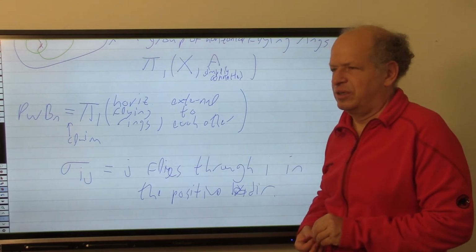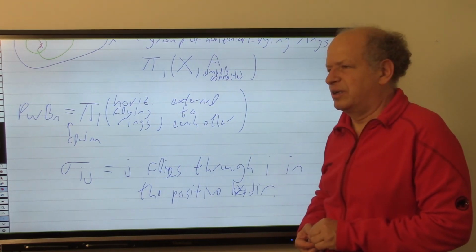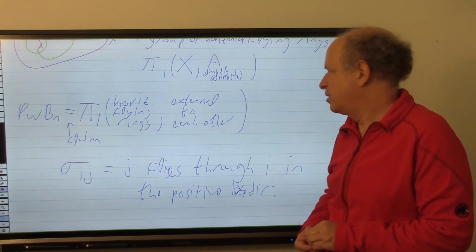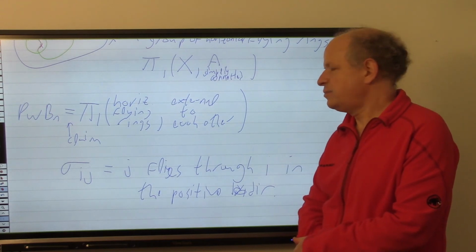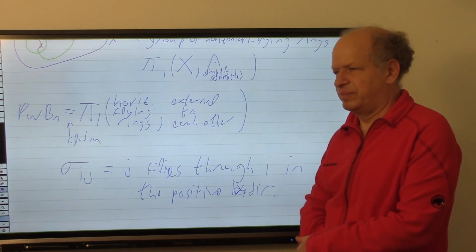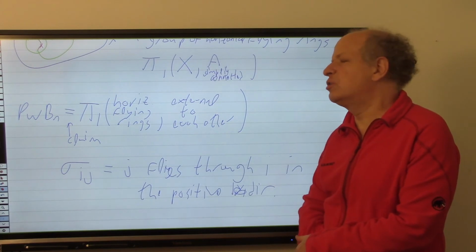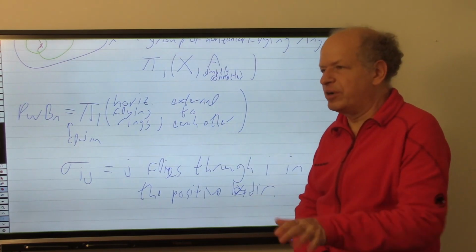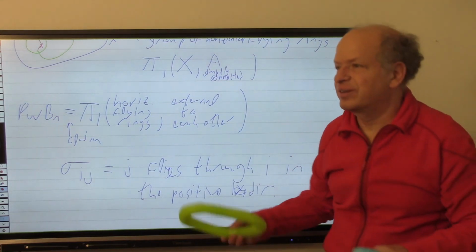And on a related note, when we say here that PwBN is pi1 of horizontal rings relative to the subspace consisting of all configurations where they're external to each other, do we have to fix that subspace? Do we fix a particular ordering of inclusion? No. Like we had to fix an ordering on the line? No. All of them are no. Because I'm trying to understand how that's simply connected.